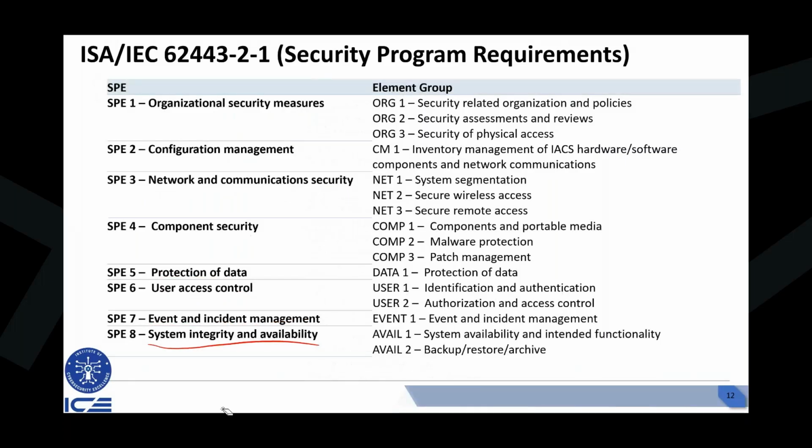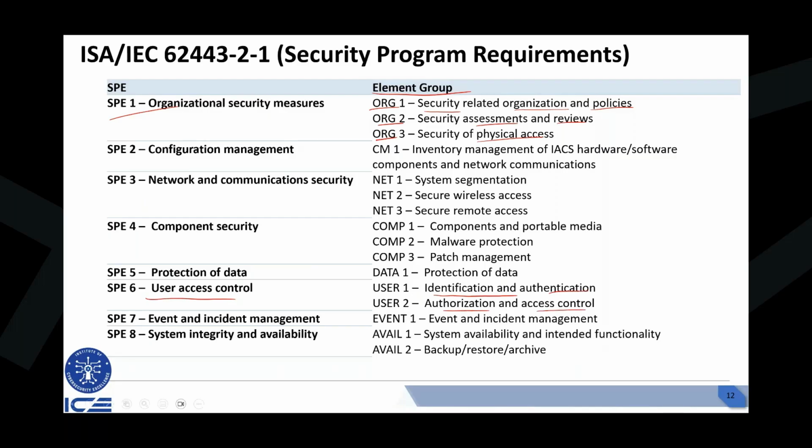So SPE1 has ORG 1, 2, 3, and it has its own definition that ORG1 is about security-related organizations and policies, security assessment and reviews, security of physical access. Maybe something that will be a little bit easier to understand, for instance, user access control: identification and authentication, authorization and access control, and so on and so forth.